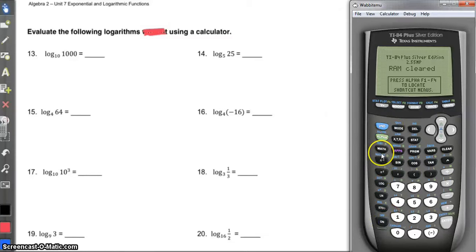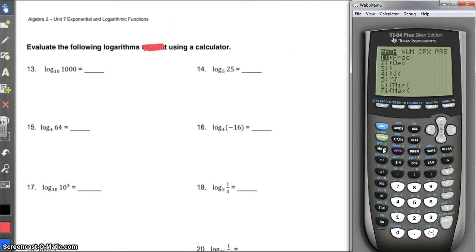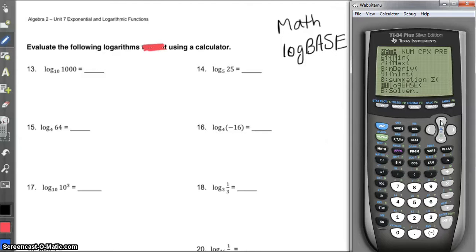First of all, you go to math. So let's write down the steps. First of all, you go to math. Then you scroll all the way down until you get to log base. You see that? Log base. Once you click log base, you press enter.